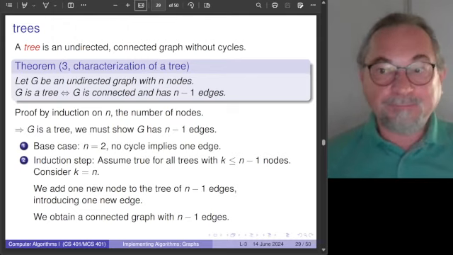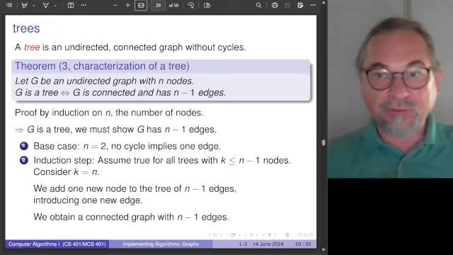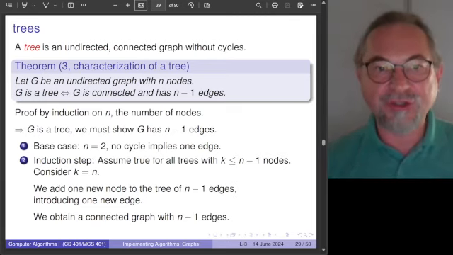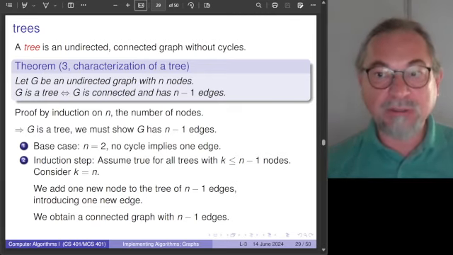But the other way also works, so that's why it's a characterization. If you have a connected graph and you have exactly as many edges as the number of nodes minus 1, then that graph must be a tree.